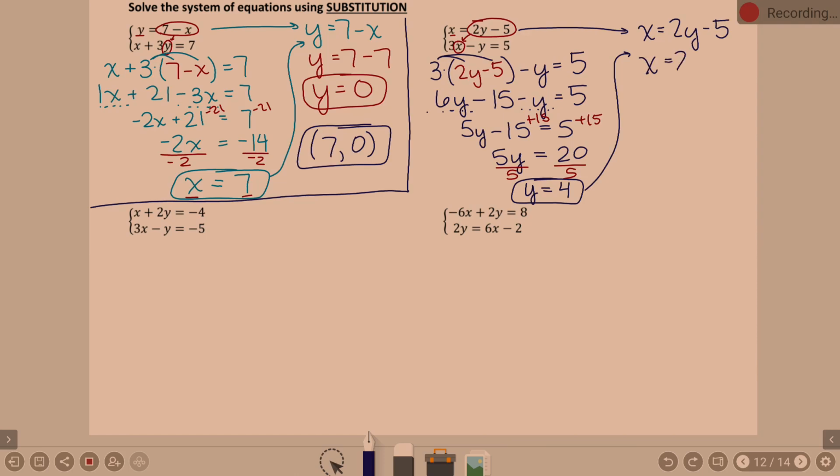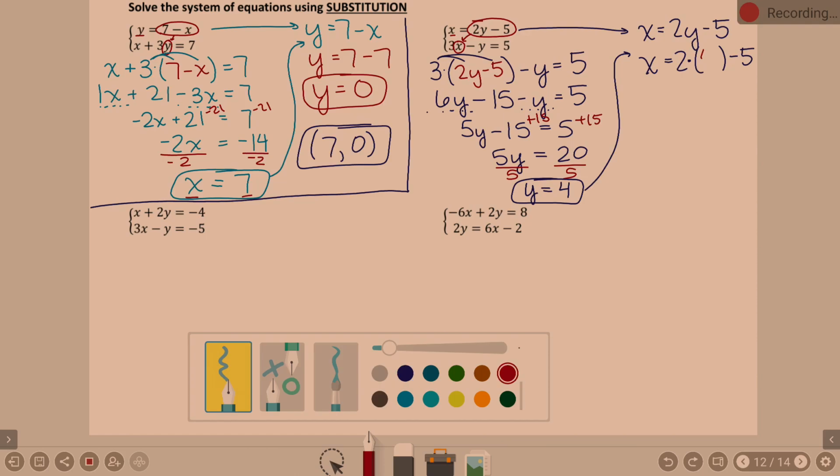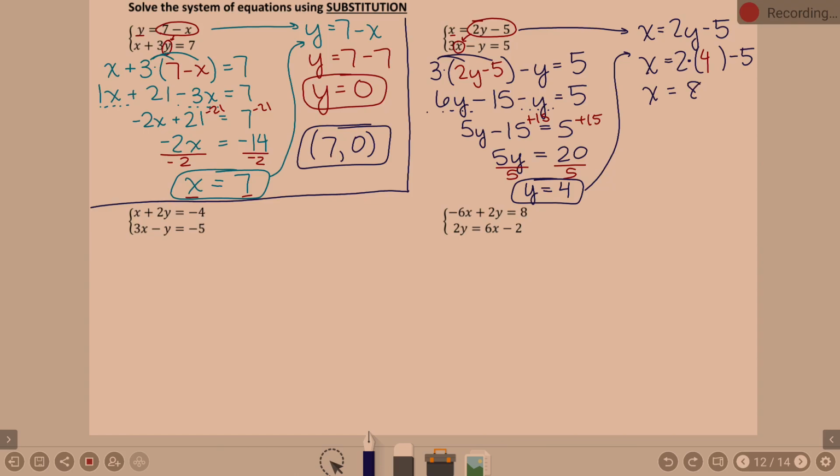I'm going to say x equals 2 times 4 minus 5. 2 times 4 is 8. 8 minus 5 is 3. Final answer? Three, 4.